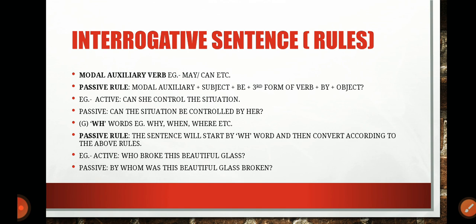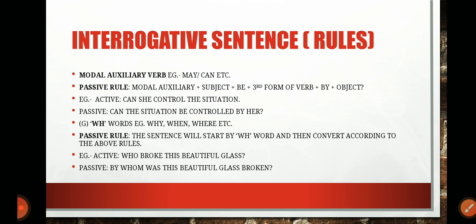If we convert it into passive voice, then the modal auxiliary verb will be as it is, then we will first bring the object here, and after that controlled by her. Along with the preposition by, the object will be first and then the subject will be at the last. Can the situation be controlled by her? Question mark at the end.